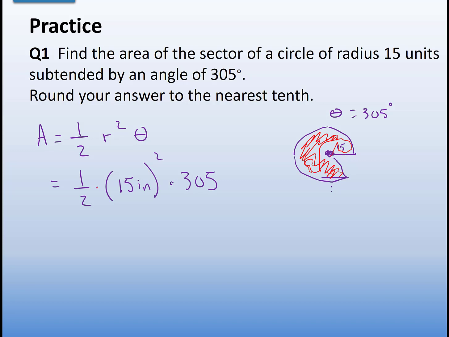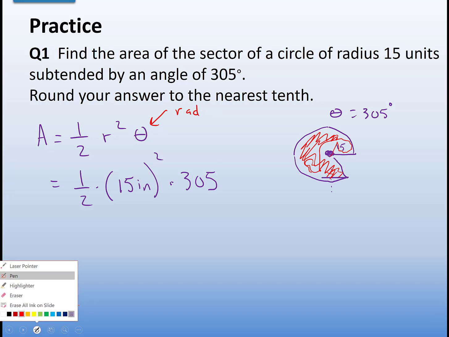I am going to get the wrong answer here. And then I would try to get a discussion going and try to get you to think about why it is wrong. Maybe you can think about it right now, but it's right here. What do we know when we use this formula? That has to be radians. And 305 is not radians, it's in degrees. So this formula won't work like this.